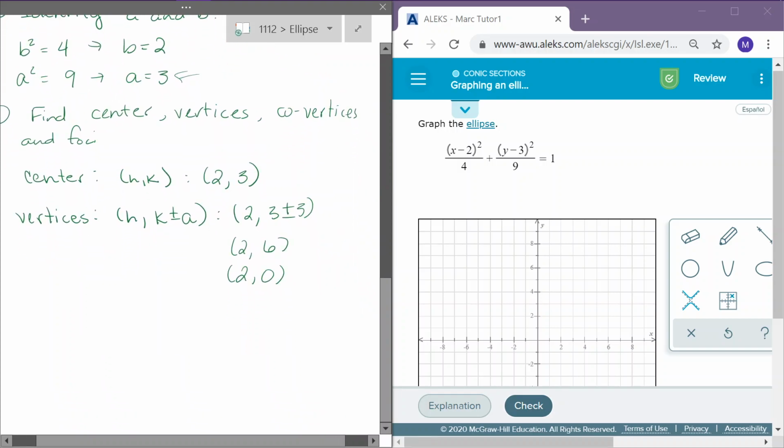Next, we'll look for our co-vertices, which are going to be (h plus or minus b, k). So we have 2 plus or minus 2, since we said our b is 2, and our k was 3. So we have (4, 3) and (0, 3).